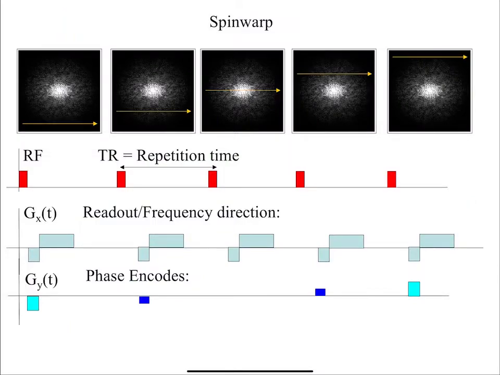Okay, so what we're going to do today is focus on the spin warp pulse sequence. It's not the only pulse sequence, and on your homework you'll do other types of pulse sequences that go through k-space differently. So one warning: the computations we go through for spin warp are correct, but they are specific to spin warp. For the homework, you have to think about what principles are the same, but you can't just apply what we do here directly.